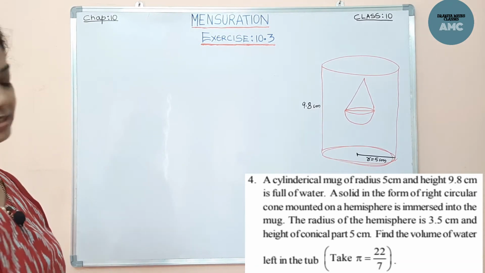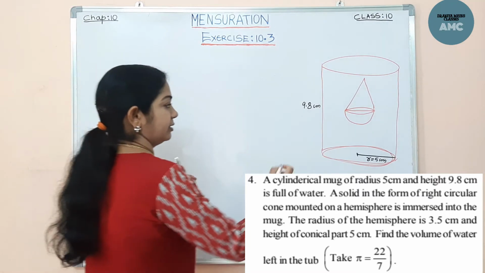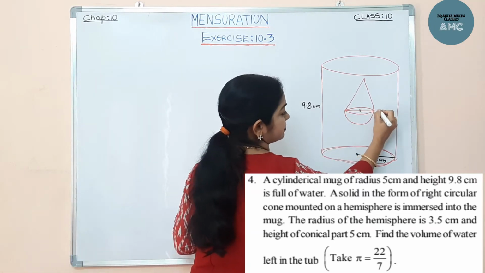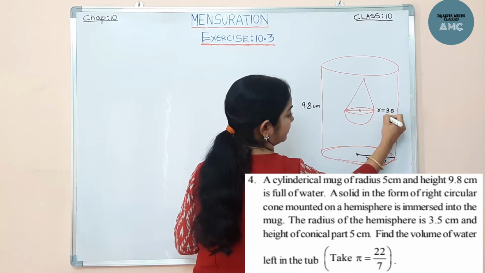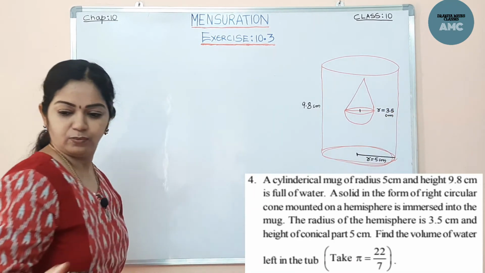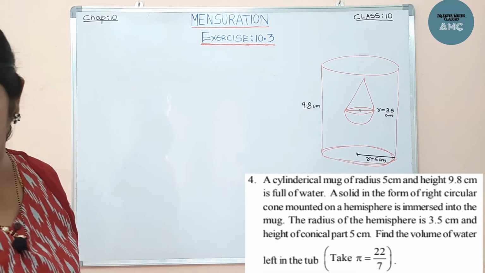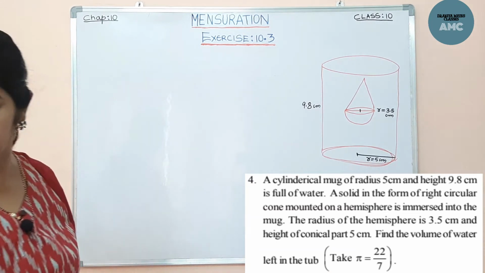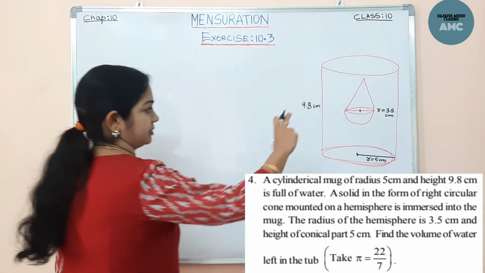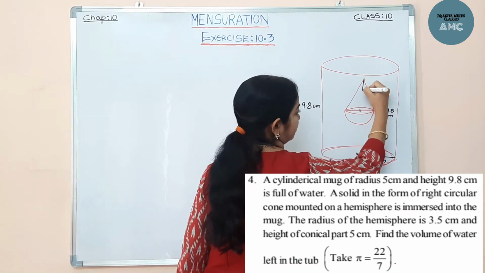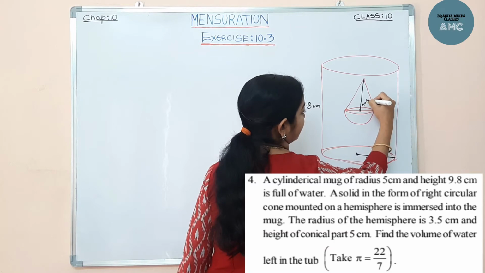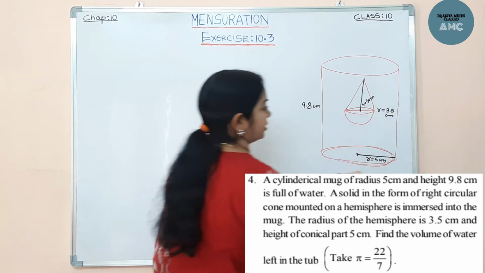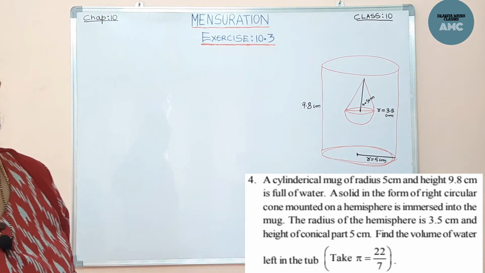The radius of the hemisphere is 3.5 centimeters. And what more is given: the height of the cone outside the hemisphere is 5 centimeters. This is the information given, 5 centimeters.